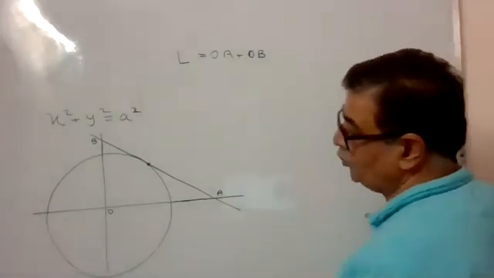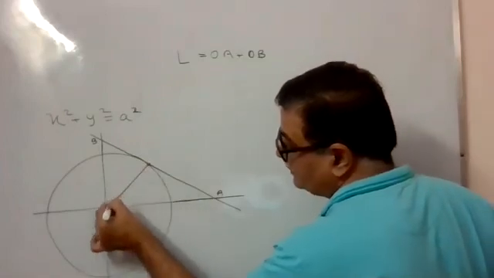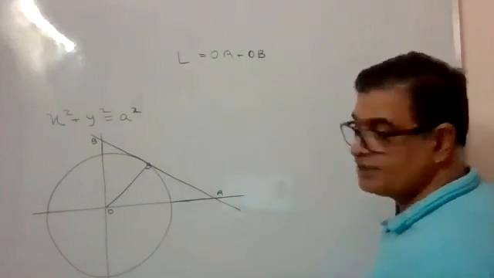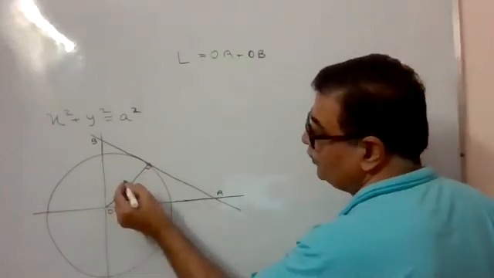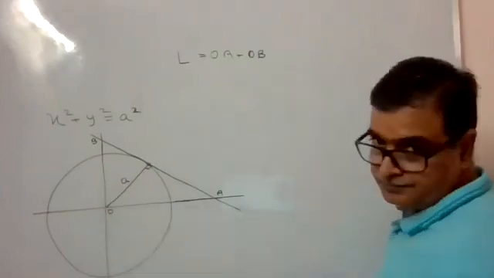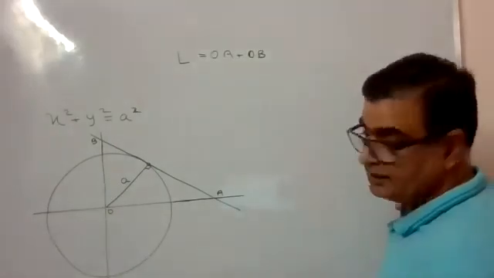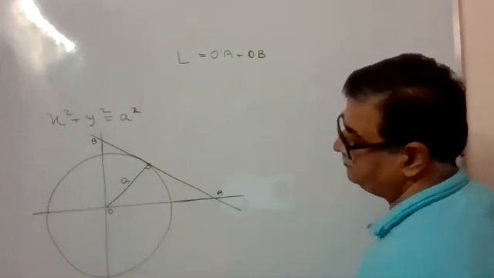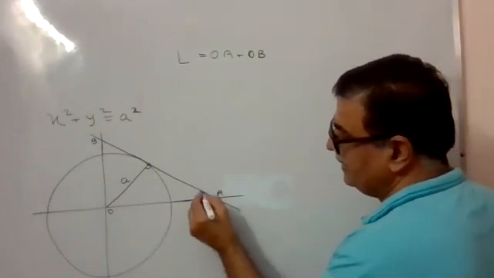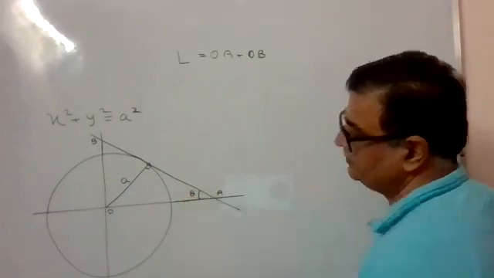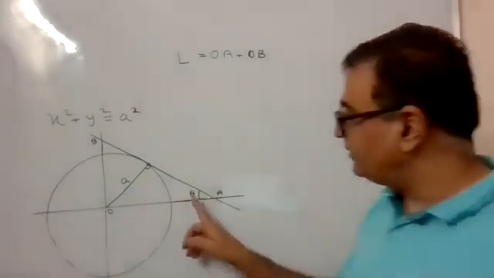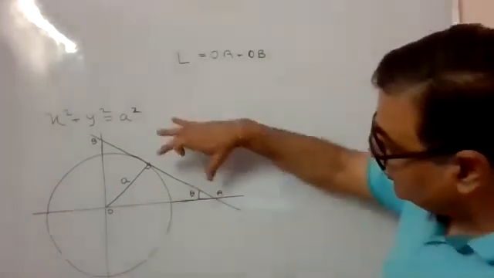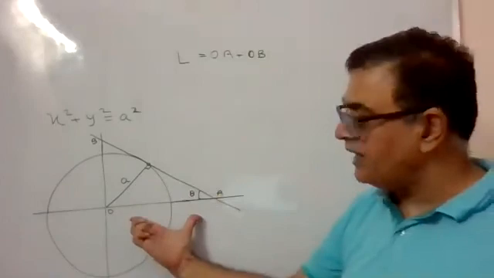To get this length, what we do first is join this point with the center. Clearly this angle comes out to be 90, and this length will be A only. Clear? This is 90, and we need the length OA. So let this angle be theta first. If I take this theta, then this will clearly be perpendicular, this will be base and this will be hypotenuse.